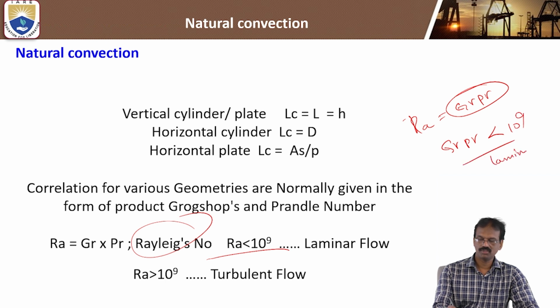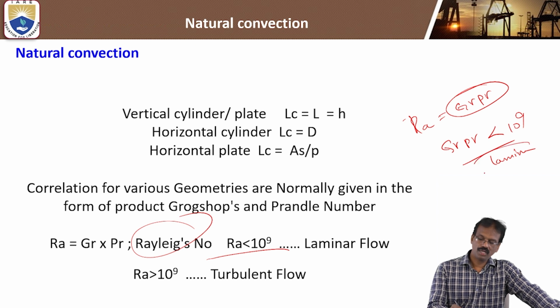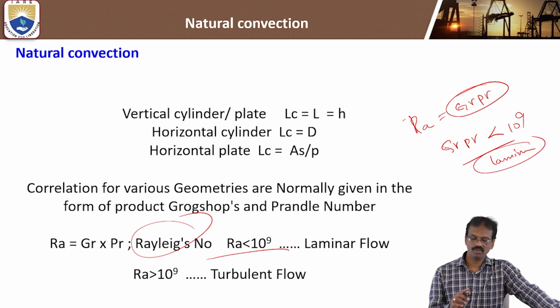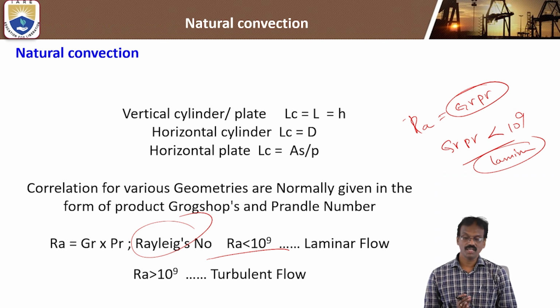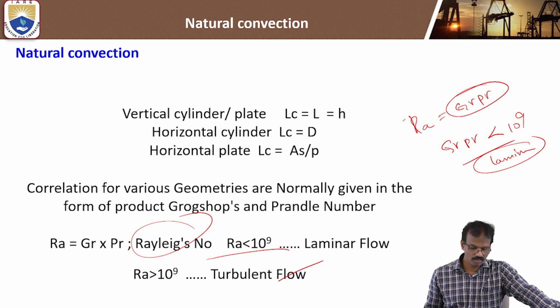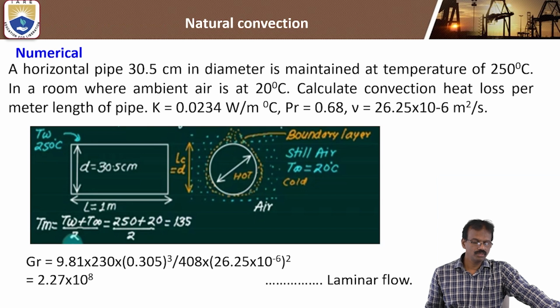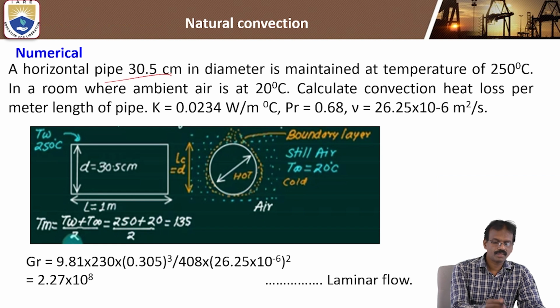You have to remember this. So flow identification depends upon GR and PR in natural convection. Flow identification depends upon the Reynolds number in forced convection. You know this one. If the GRPR value is greater than 10 to the power of 9, that shows turbulent flow. Okay. So here we'll see one numerical based upon this one. A horizontal pipe.